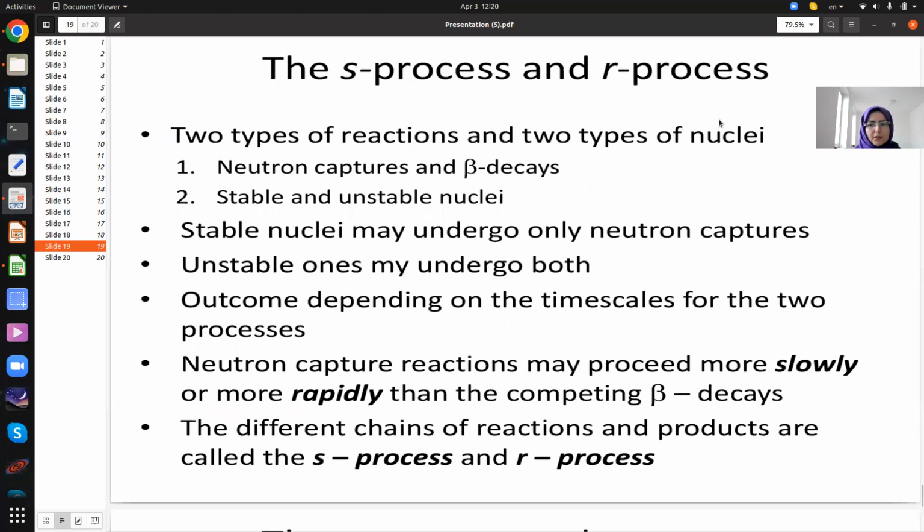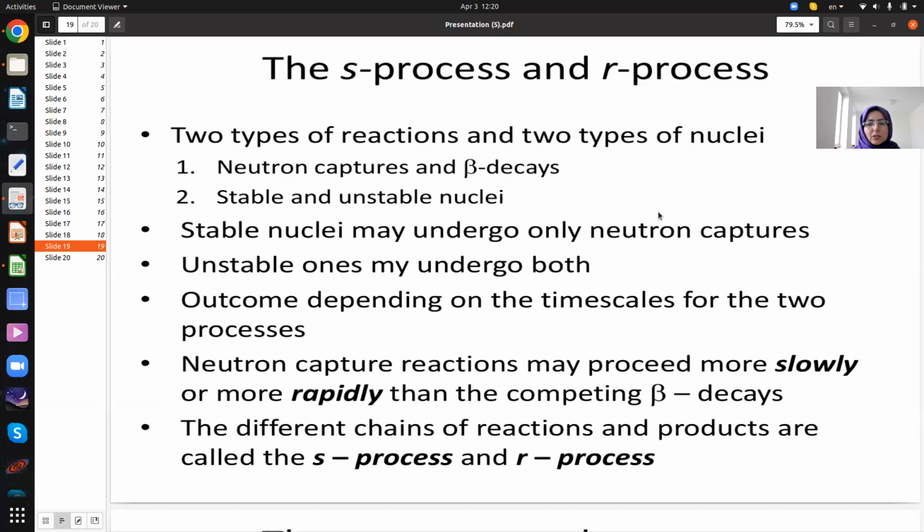The S process and R process: two types of reactions and two types of nuclei. One, neutron captures and beta decays. Two, stable and unstable nuclei. Stable nuclei may undergo only neutron captures. Unstable ones may undergo both, the outcome depending on the time scales for the two processes.